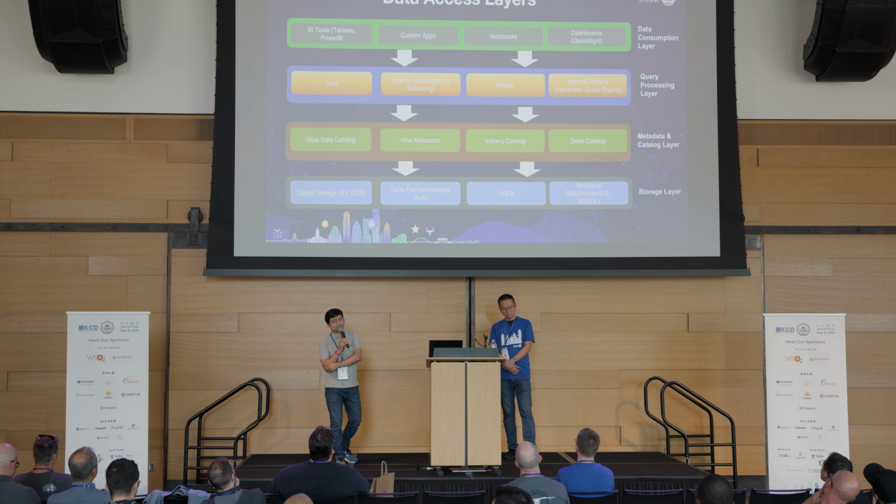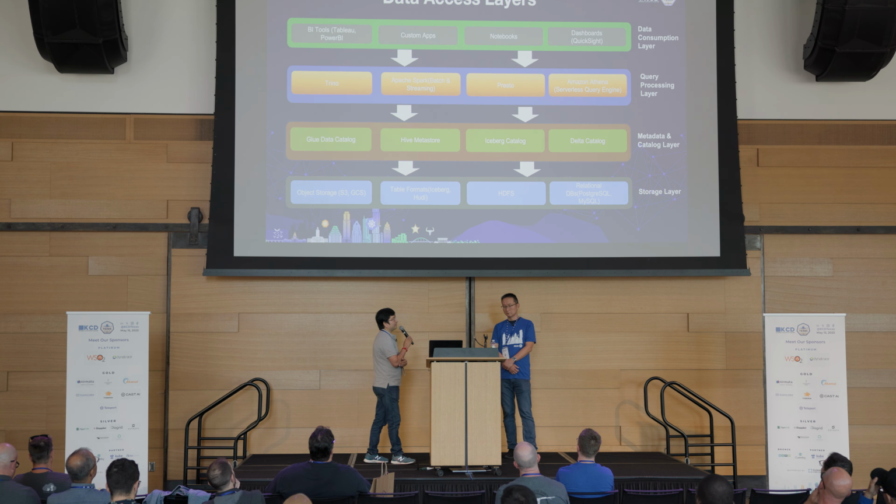So how does the query processing layer actually do its job, right? Underneath, there is a cataloging layer. Is anyone familiar with any cataloging system like Hive, Glue? Okay. So basically, the job of the cataloging layer is to, as the name suggests, catalog the data.